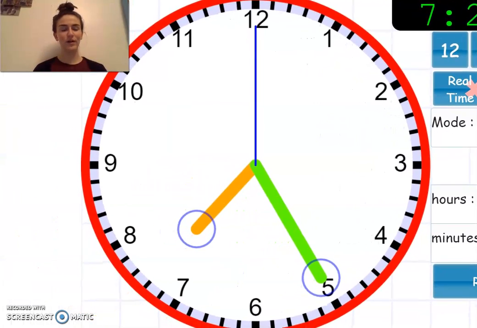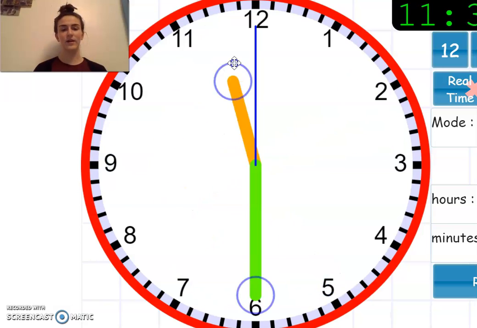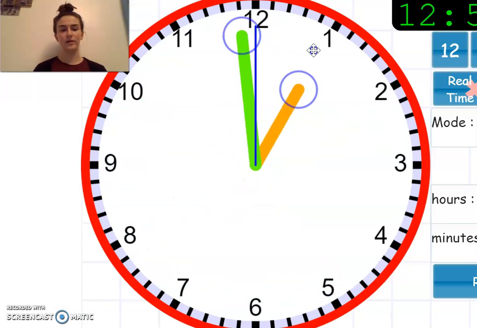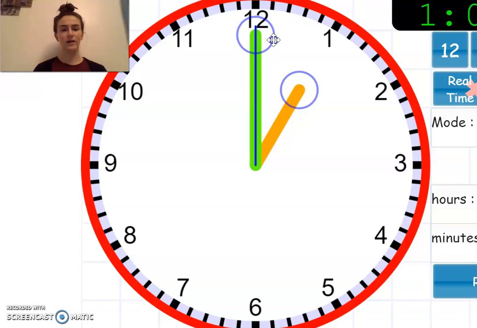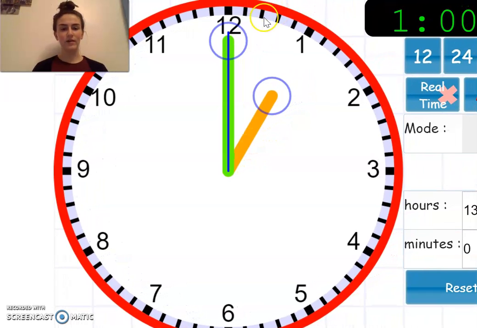All right, so if we were going to draw the time 1:40 on an analog clock, first our hour hand has to be at the 1. So let's make it 1 o'clock. All right, so right here is 1 o'clock. Now we have to make it 1:40. So why don't we take our minute hand here and let's count by 5s and just go around the clock until we hit 40, okay?